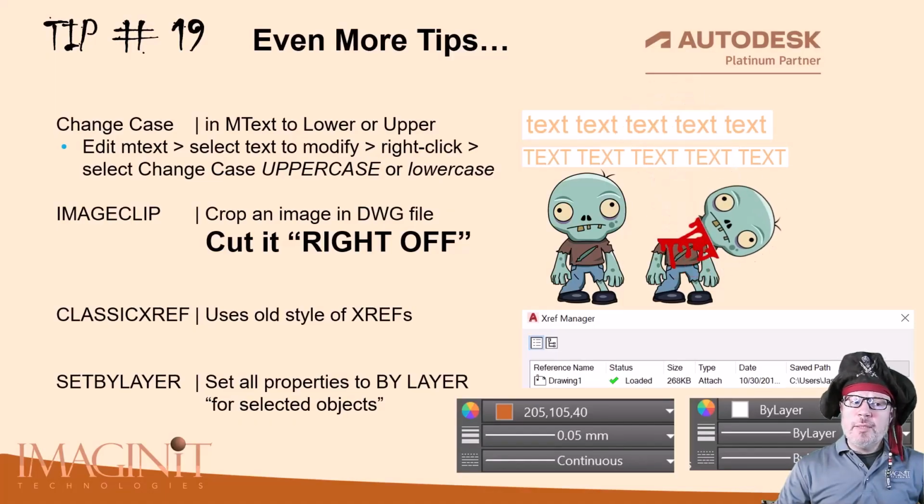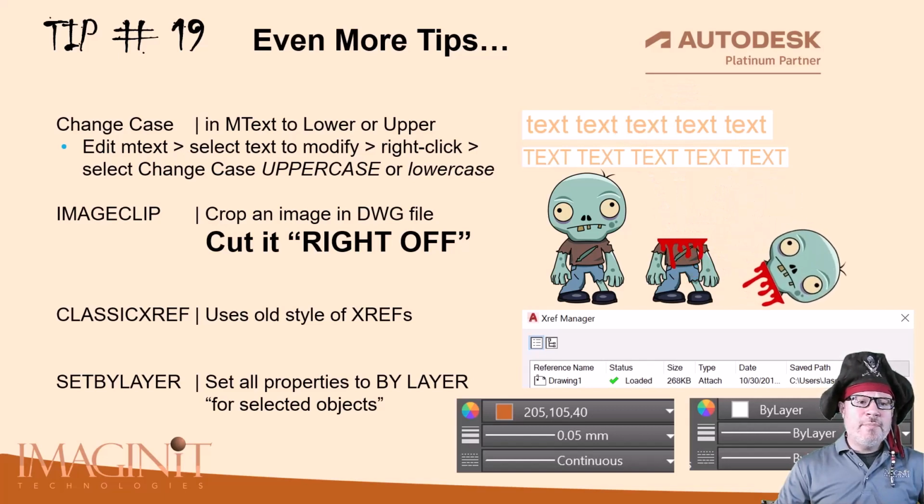And with even more tips, in an MText or multi-line text window, selecting a group of text and choosing the change case option will allow you to change all of the text at one time to either uppercase or lowercase if you accidentally type them all in the wrong case type. Image clip allows you to crop a portion of an image loaded in the drawing. Classic XREF will use the old style X-reference command dialog box.